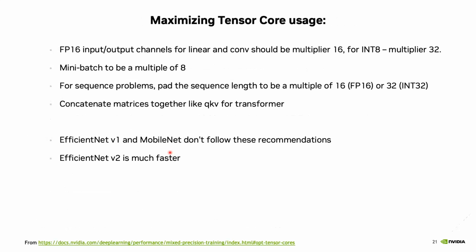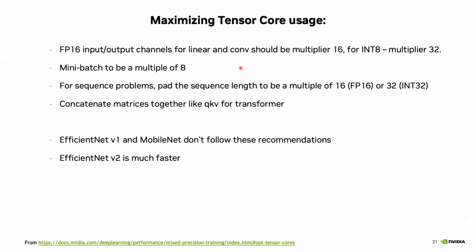All right, the next one is maximizing tensor core usage. It also boils down to the shape of the parameters I use and also to the data format I use. This is just a rough recommendation for conv and linear layers: number of channels should be divisible by 16. For int8, it should be 32 to fully utilize my SM.